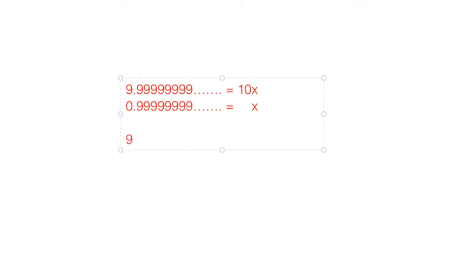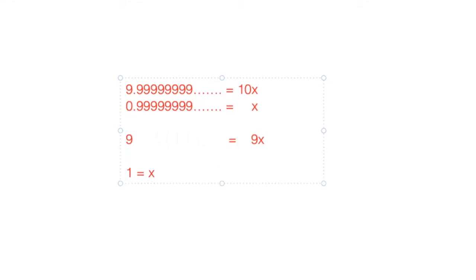So I'm going to get 9 here. And over here, I'm going to get 9x. If I divide both sides by 9, I get 1x. 1 is equal to x.